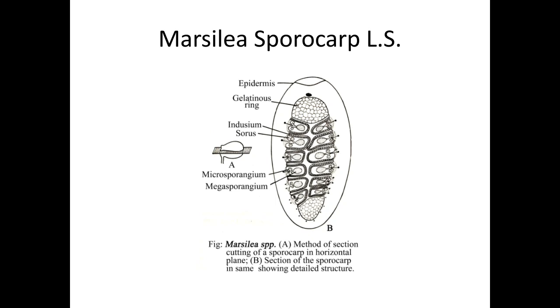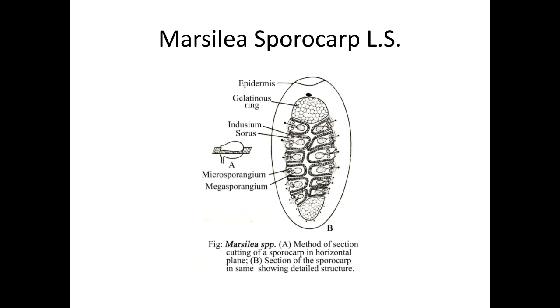Then the sorus consists of the placenta at the top with megasporangium, and at the base the two smaller microsporangia. Such an arrangement of sori is known as gradate type, because the large sporangium is placed at the top.